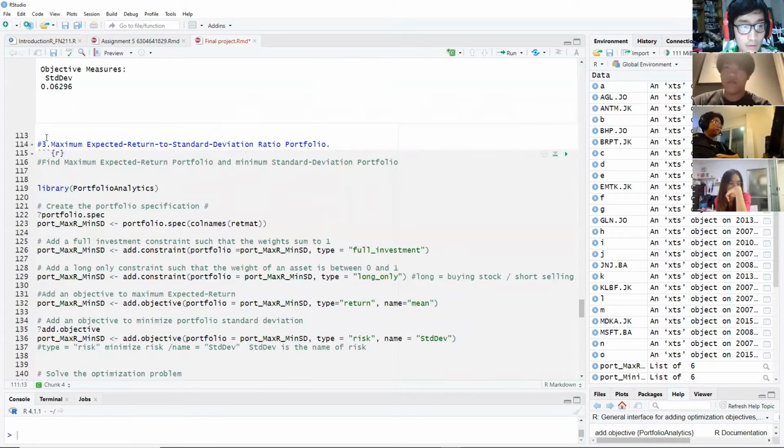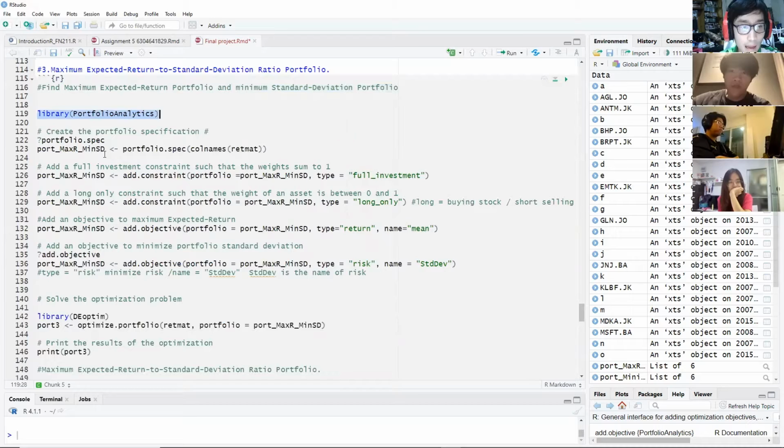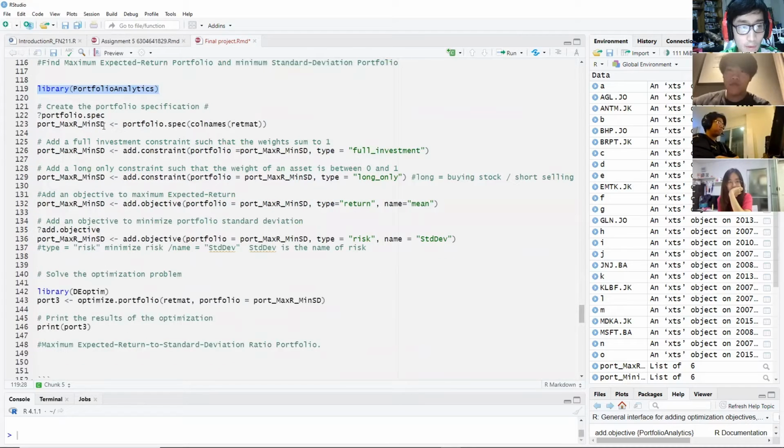For the last one, we have to maximize the expected return and minimize the standard deviation. So we run the portfolio analytics and create the variable port underscore max r underscore min sd and put all of the data into it.